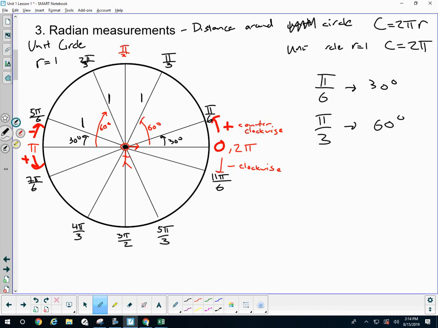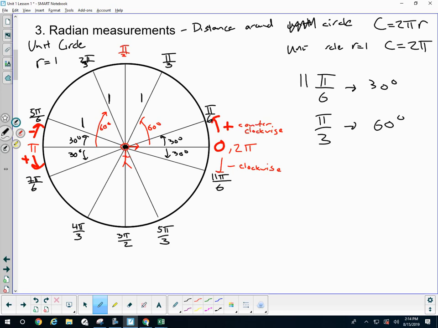But going through this, 30 degrees at a time, or a pi over 6 at a time, I noticed something very interesting. Every single pi over 6 angle measurement creates a 30-degree angle with the x-axis. So it's not just pi over 6 that creates a 30-degree angle.